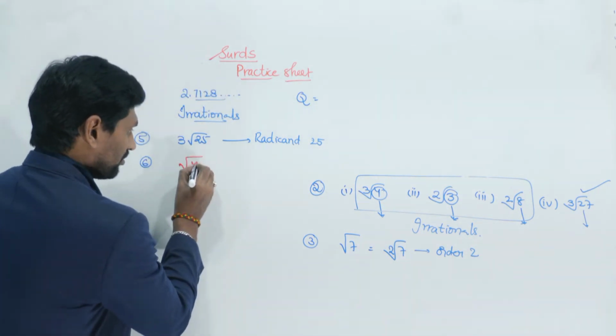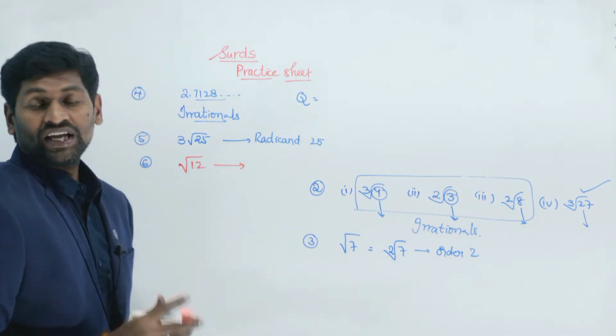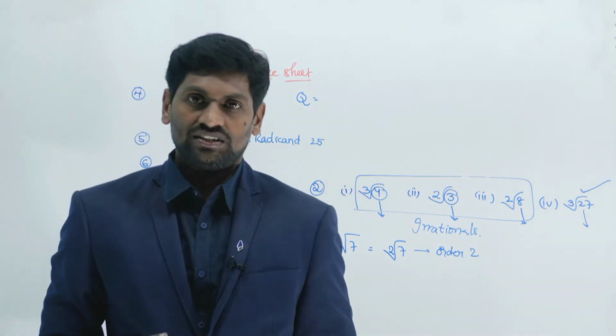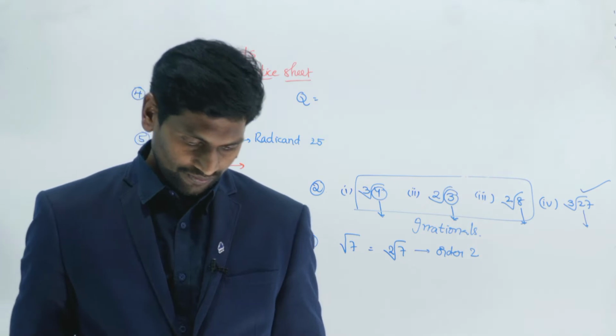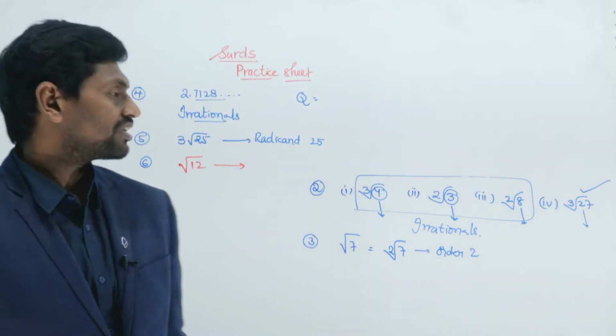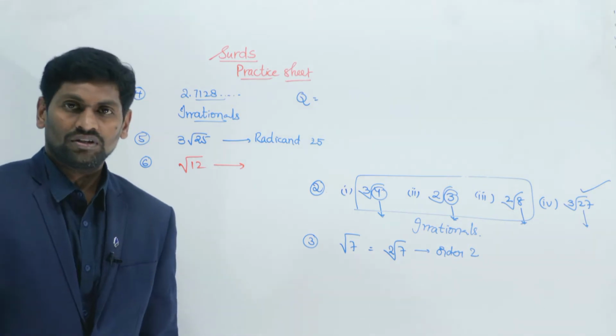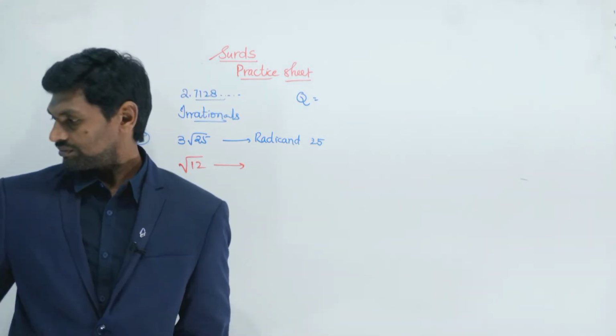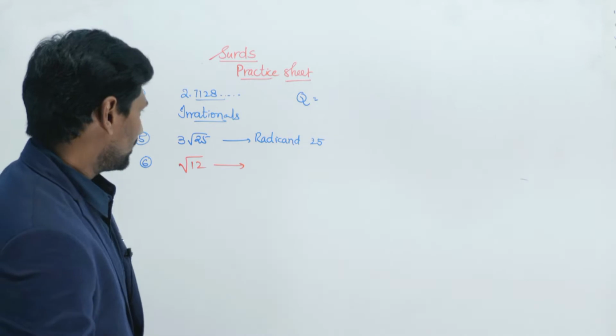Root over 12 is the example for a quadratic surd because its order is 2. Among the remaining options, one is order 3, one is order 4, and the last one is a compound surd.